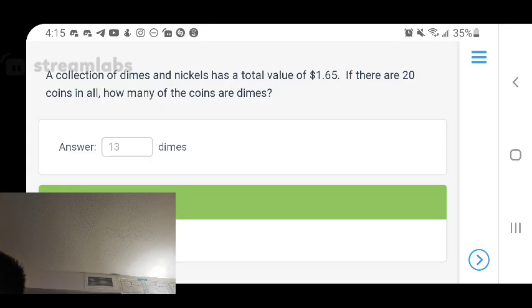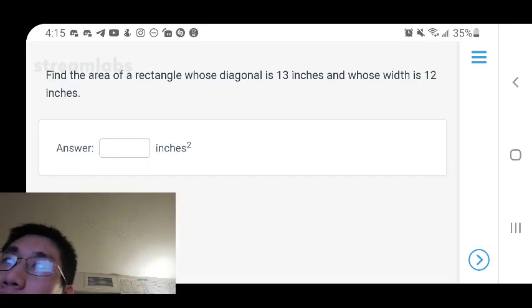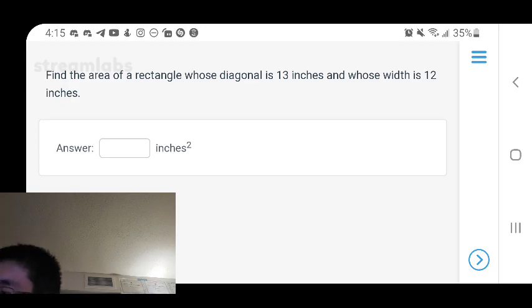Think about this more. Oh yeah, because if you do 10d plus 5n, it's $1.25. So you think about 10 dimes and 5 nickels. Yeah, okay. Just follow the systems of equations. You see on my work, 2d plus n is 33 cents.